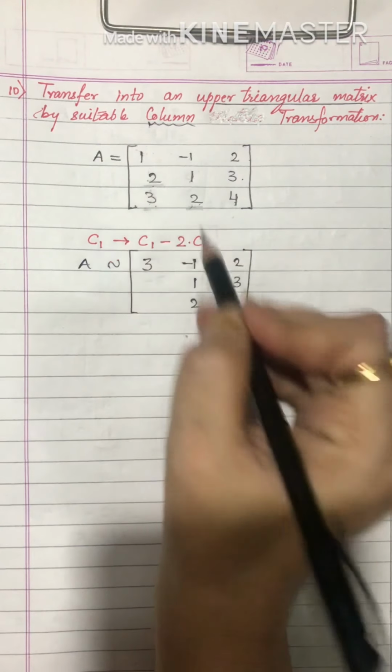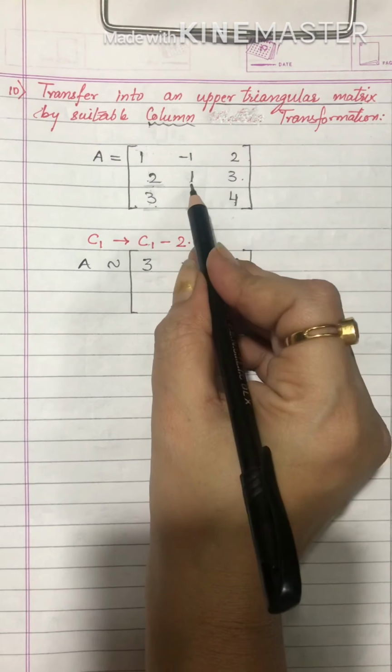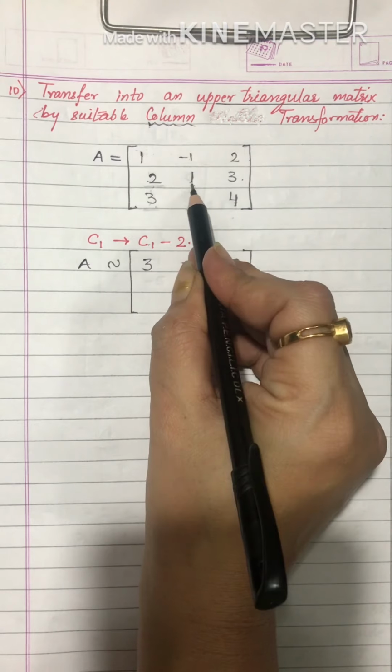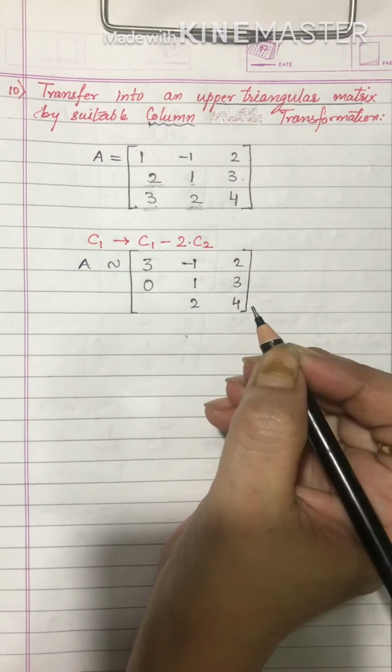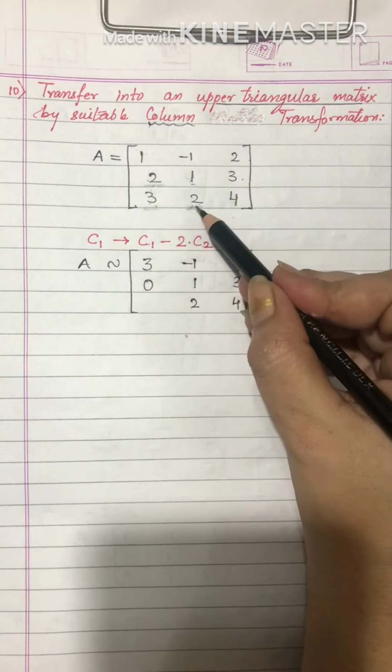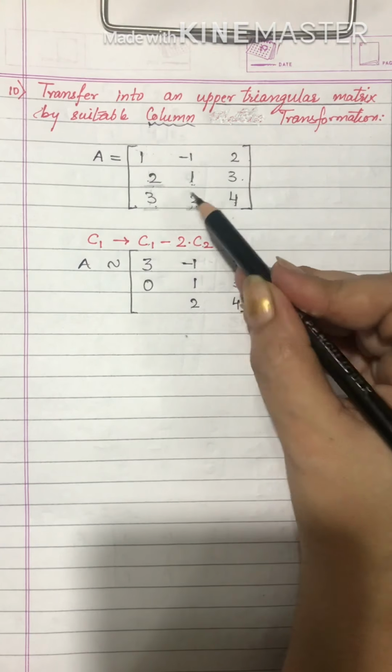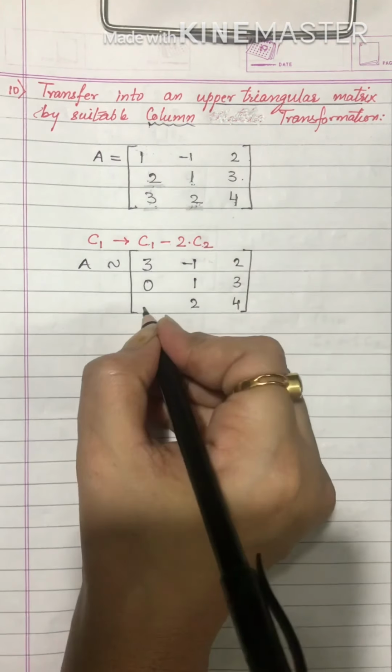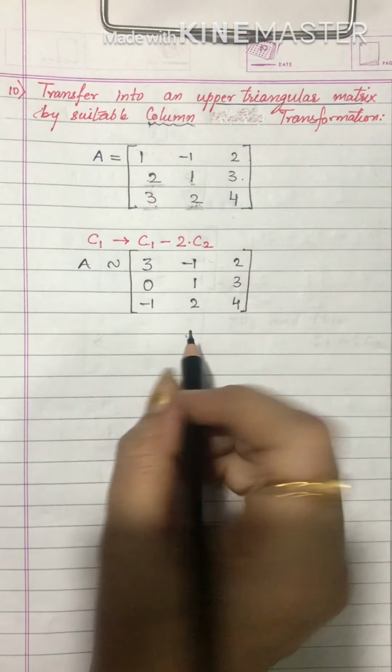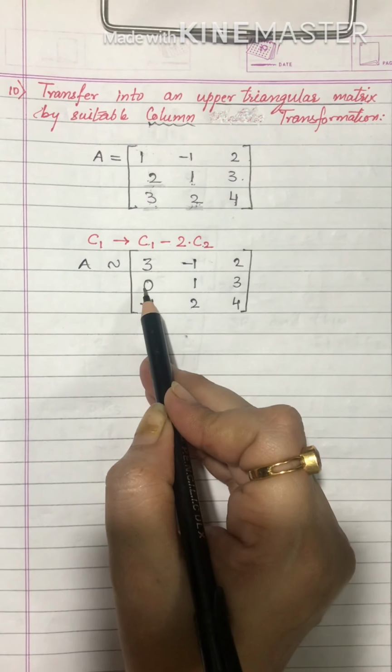And the next one, 2 minus 2 into 1, that gives you 0. Then next, 3 minus 2 into 2, that gives you 3 minus 4, that is minus 1. So this is done. One element we have successfully converted into 0.